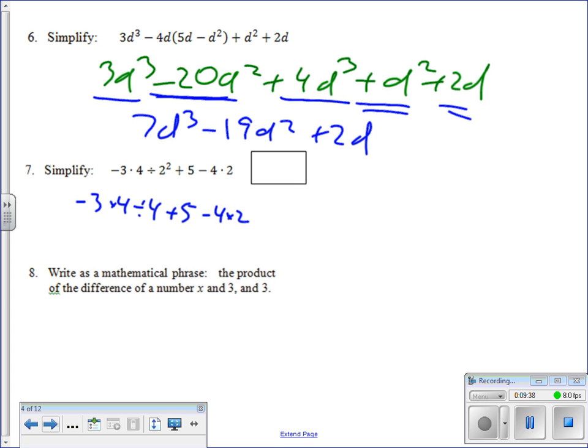Mixing an order of operations, multiplication and division at the same time. 3 times 4 is 12. Negative 3 times 4 is negative 12. Negative 12 divided by 4 is negative 3. Plus 5 minus 4 times 2 is 8. Negative 3 plus 5 is 2. 2 minus 8. Negative.